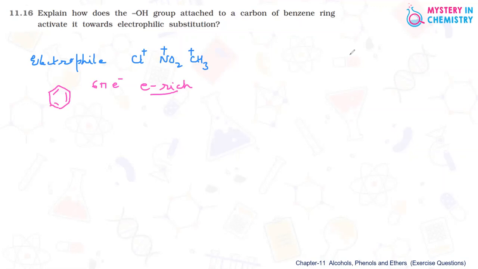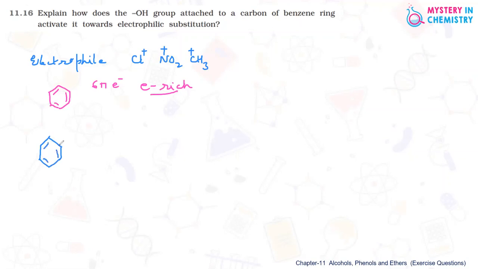It is increasing the electron density of the benzene ring by giving electrons, and that is very clear when we make the resonating structures. In benzene, electrons are already present.